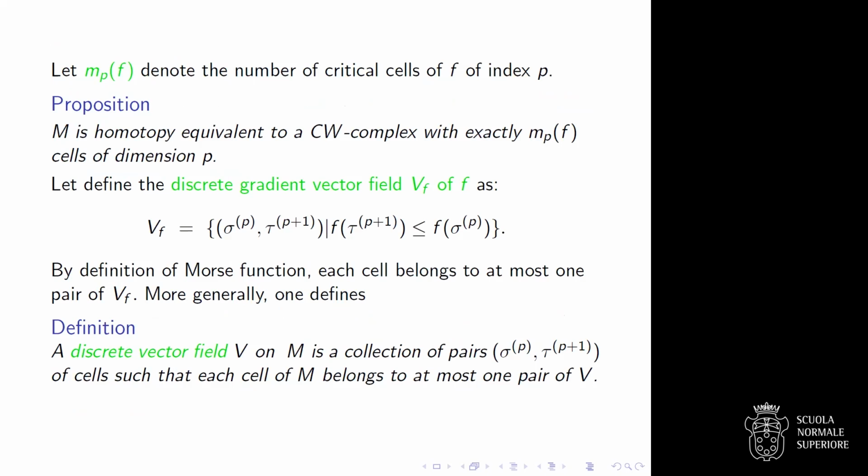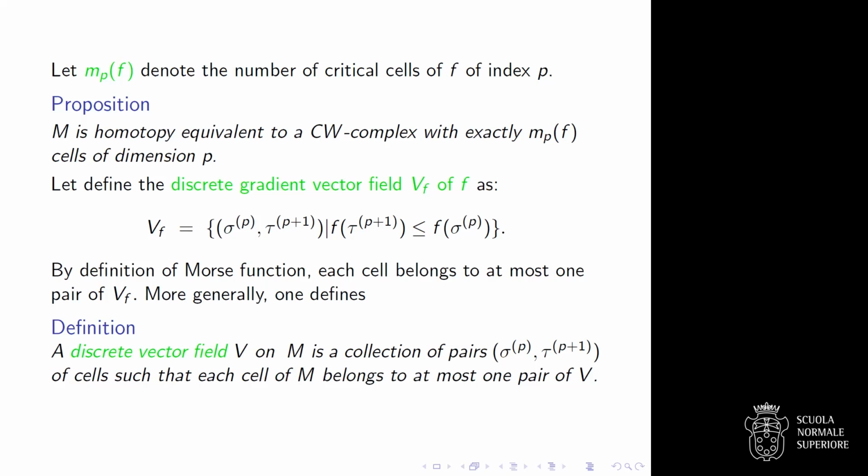If m_p(f) denotes the number of critical cells of f of index p, then we can collapse, as I told you, to a new CW complex with the same number of cells.